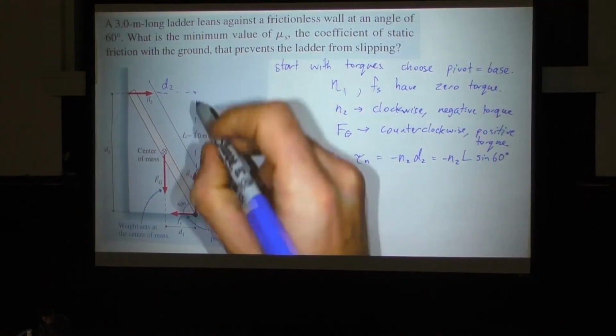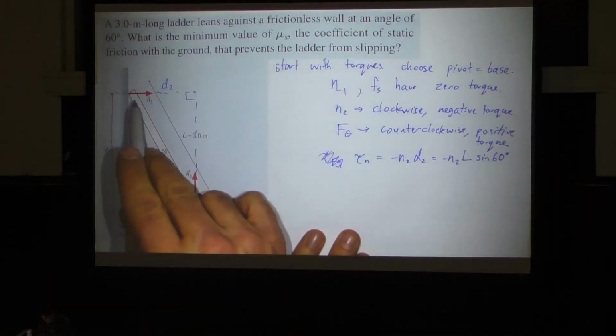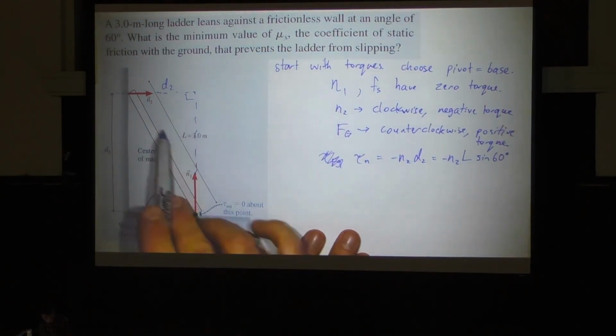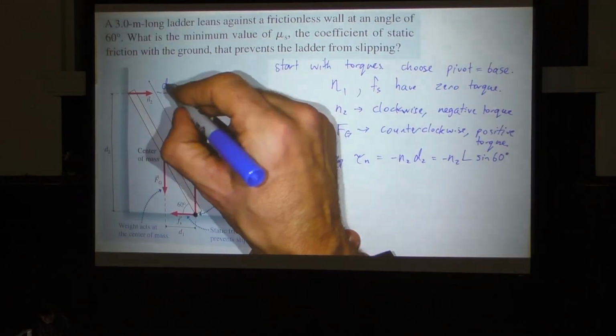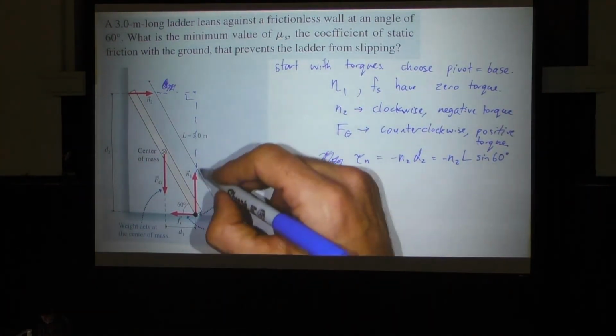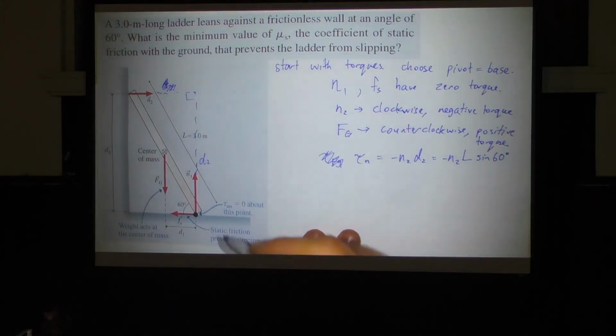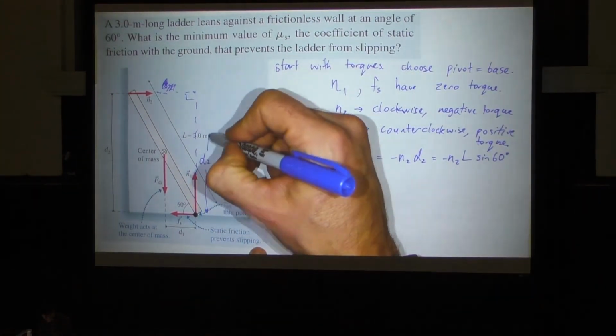This is your D2. That's your lever arm of N2, the distance from the force line to the pivot. Distance from the force line to the pivot is D2 down there. Better. It's already drawn on here.